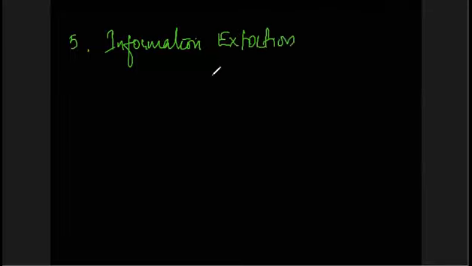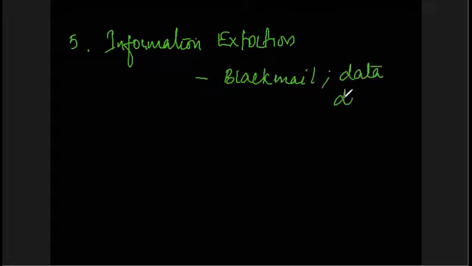Within information extortion, we studied that people steal your information via the computer, and that information can be used for blackmail, or they might ask you to send money, or they will disclose your data. That is the data disclosure. So these were the 5 attacks that we studied within the previous class. Now we'll go to the next ones.